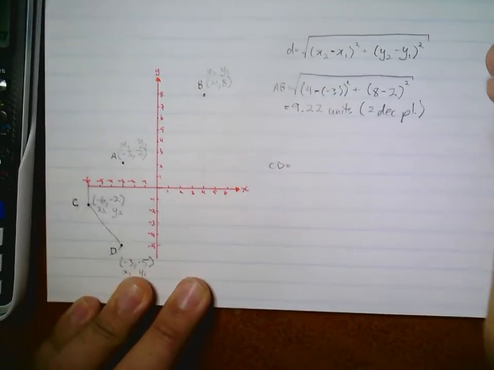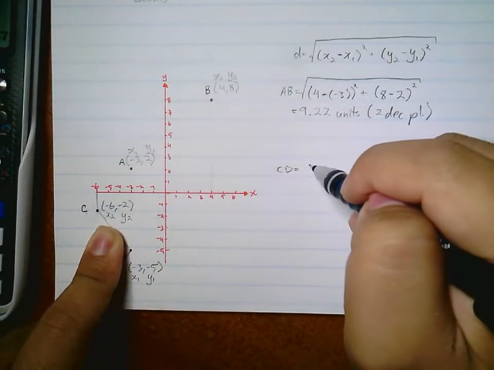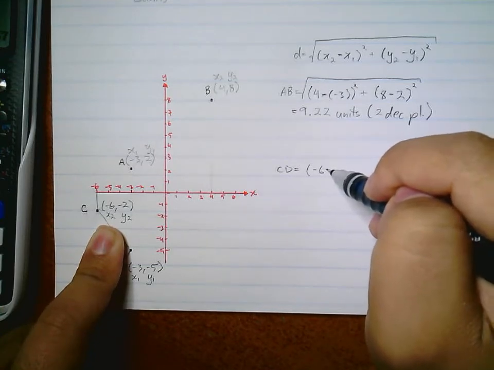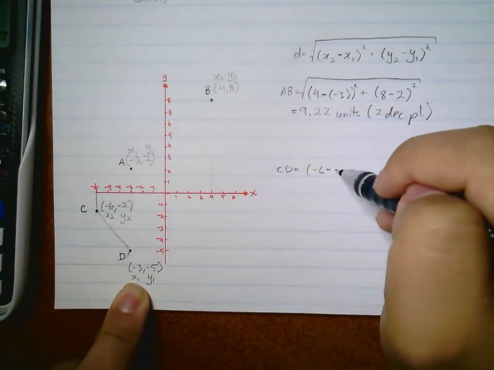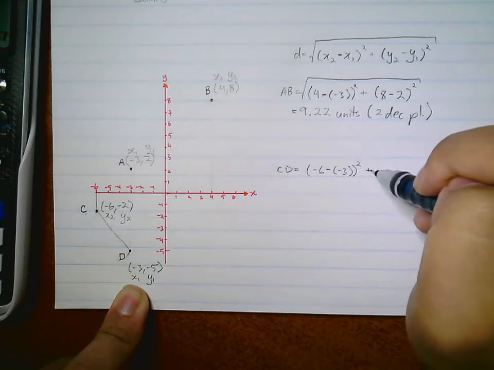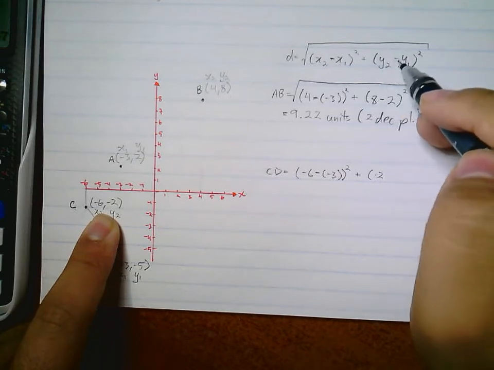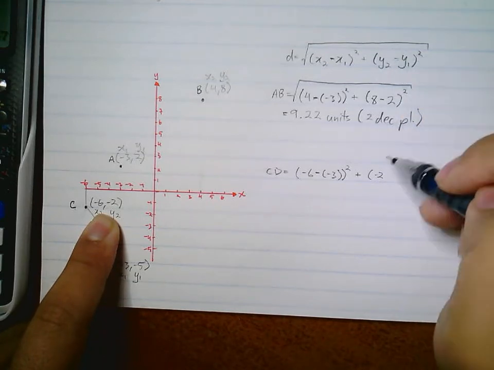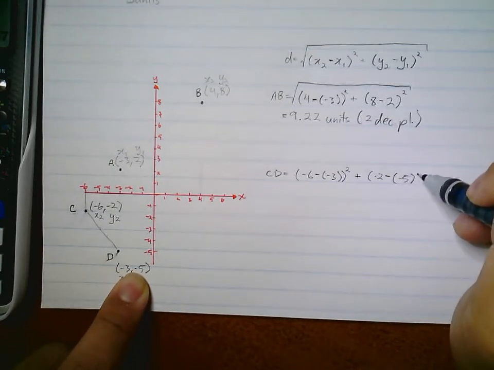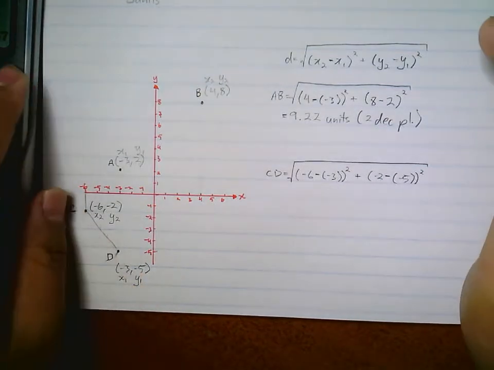Okay. So using our formula, x2, -6, minus -3 all squared plus -2 minus -5 all squared. We're going to square root this entire value.